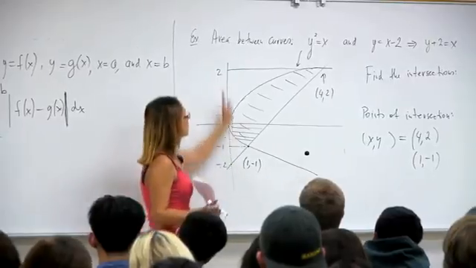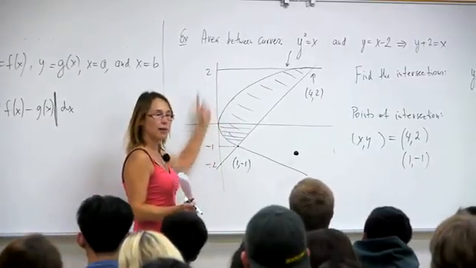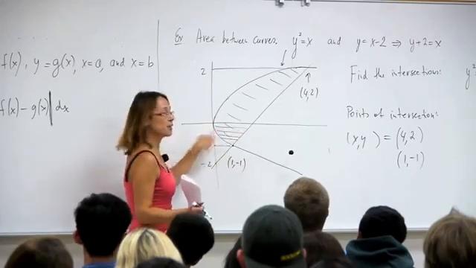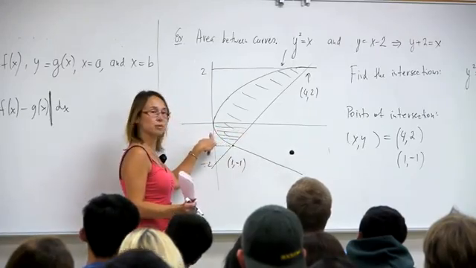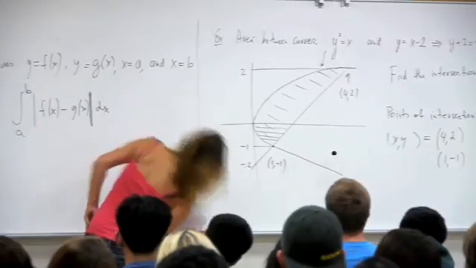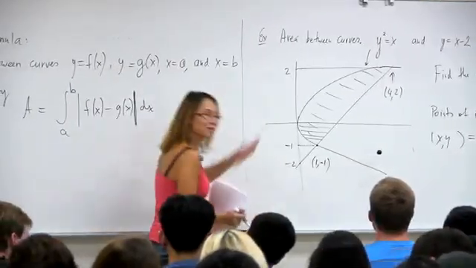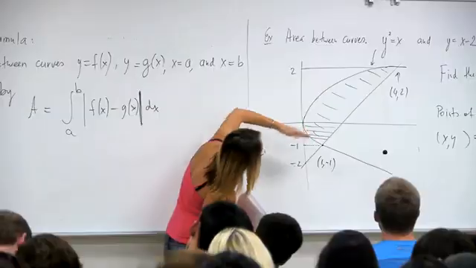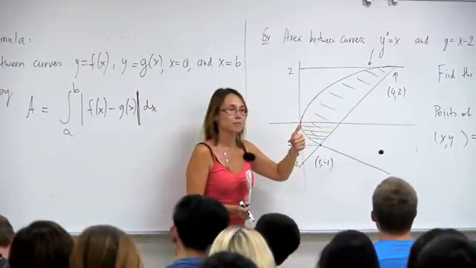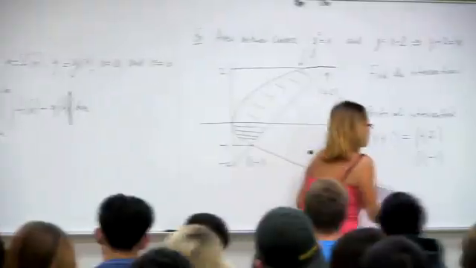So my variable of integration is now y, and the heights are given by the values of x: the right one minus the left one. To see that, you have to lie on your side. Okay? Let's do that. Everybody's tired. Lie on the side, and you see the same picture, but x and y are reversed. So I'm going to perform the integration in terms of y.